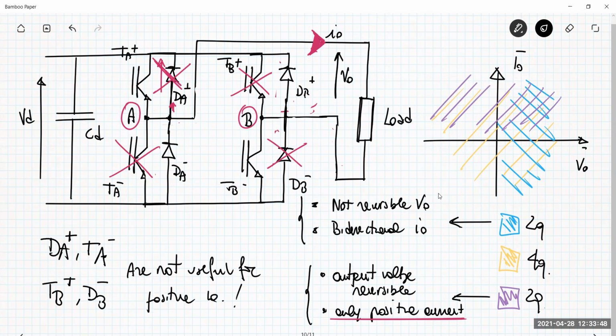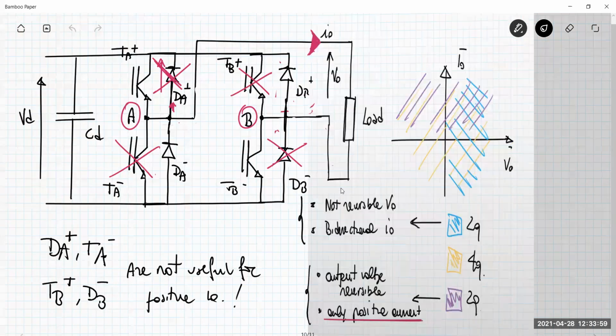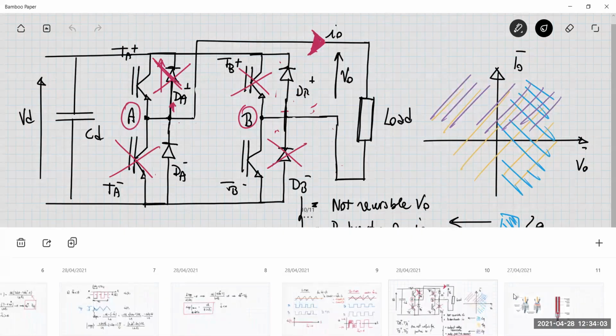So this means that from the 4-quadrant converter, simply eliminating some devices, I can have, oh, this is not something that I have to use later, that I put there just to remind me.